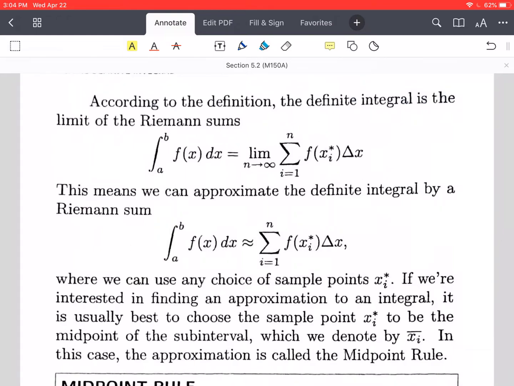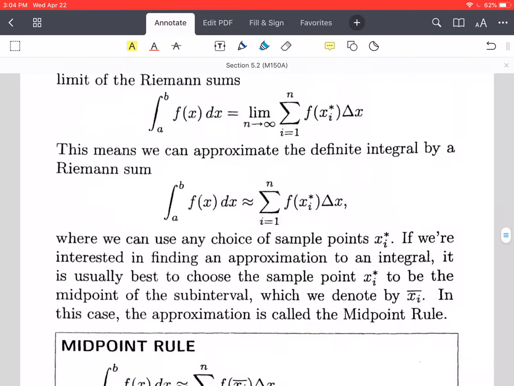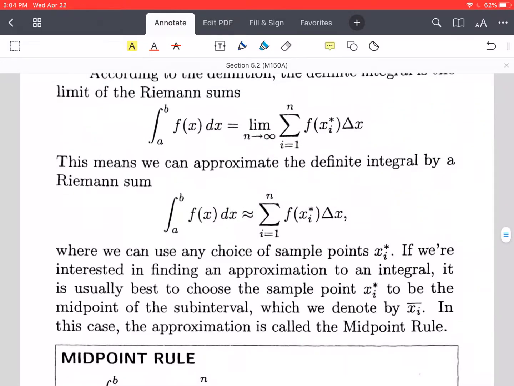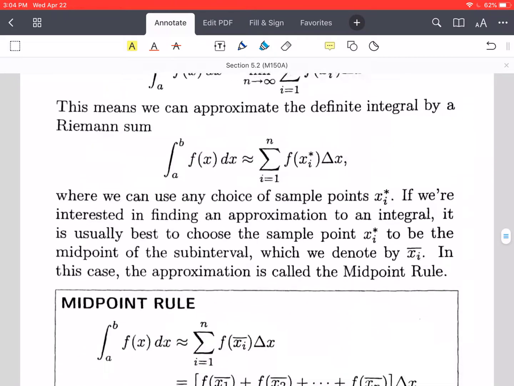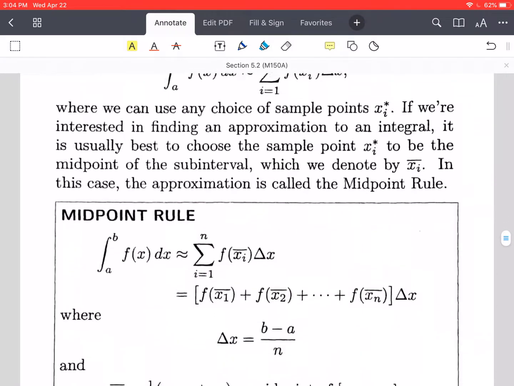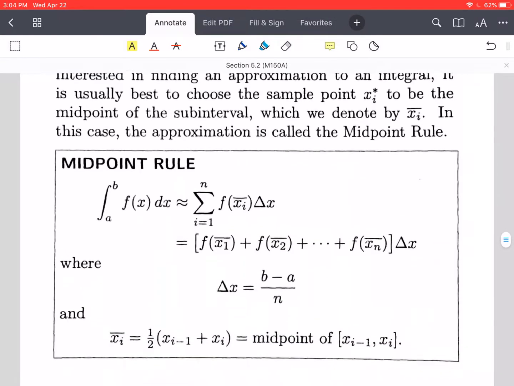So, according to the definition, definite integral is the limit of the Riemann sum, so we've talked about that. So we can approximate the definite integral by taking a Riemann sum. So if we're not able to take that limit, because these can get pretty complicated, we can still approximate the value of these integrals using a sample point. Generally, we like picking the midpoint because it is a little simpler to work with.